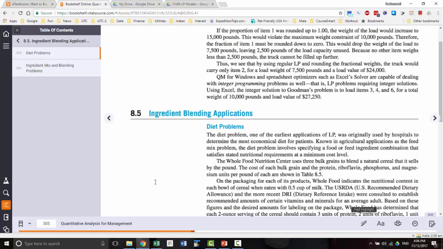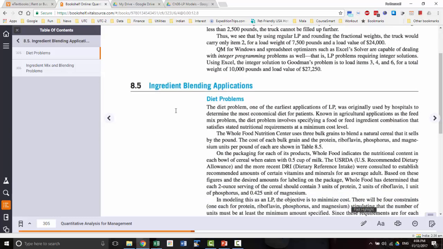Blending problems are common in the chemical industry, and the petroleum industry as well, where you mix different ingredients to produce a final end product.